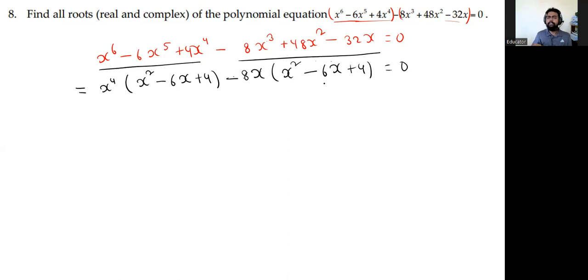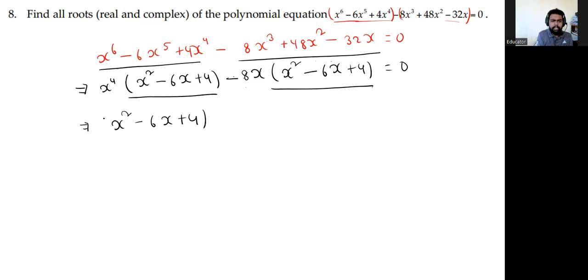If you want to know what you are going to get over here, you divide by your GCF. So 4 we are going to get. Now, if you see, this part and this part are again the same. So it can be taken as common as a whole. So I could write x^2 minus 6x plus 4, and then times, these are my GCF, x^4 minus 8x, is equal to 0.